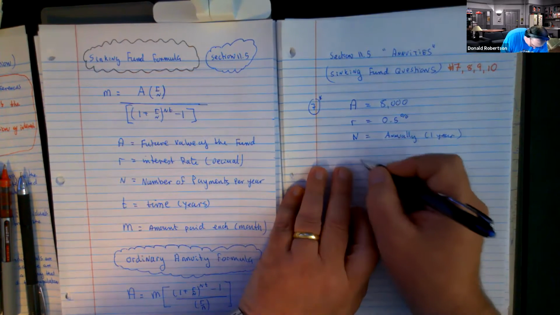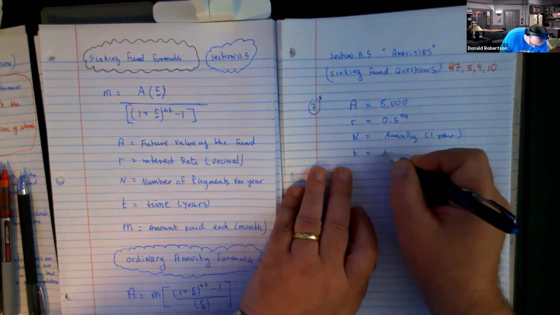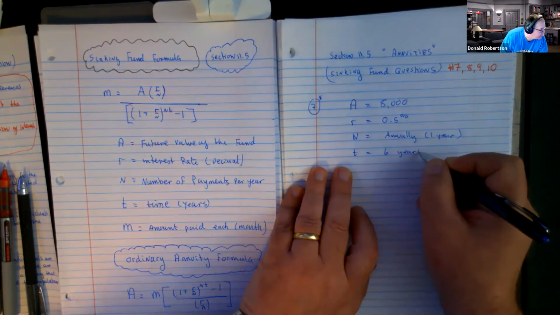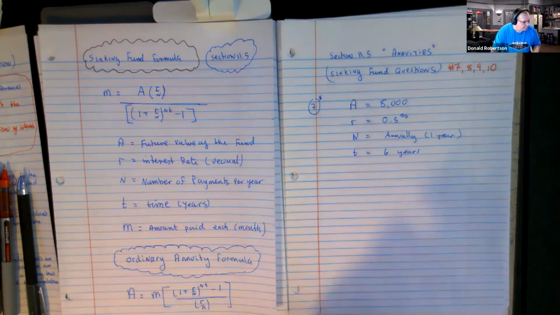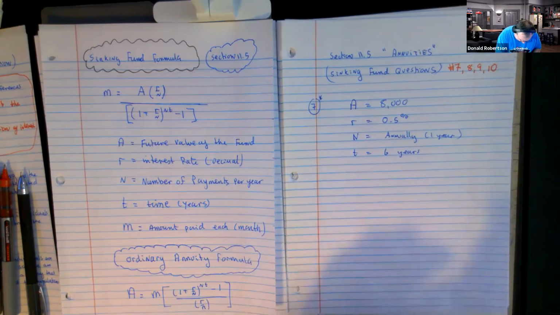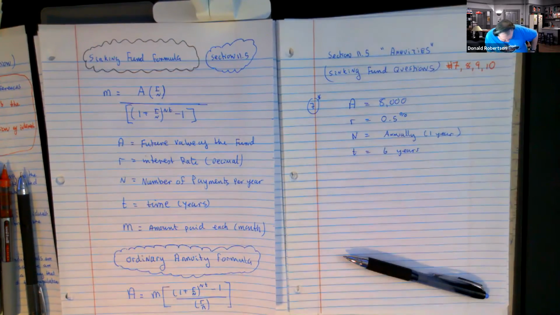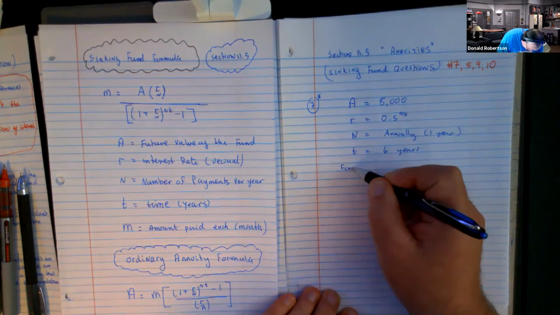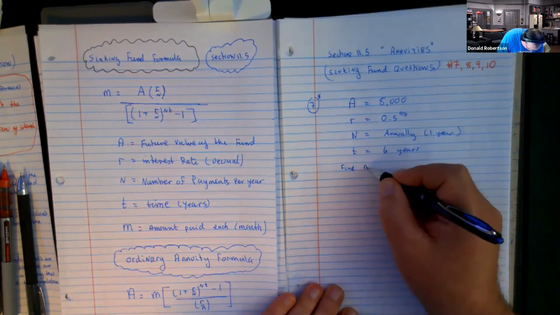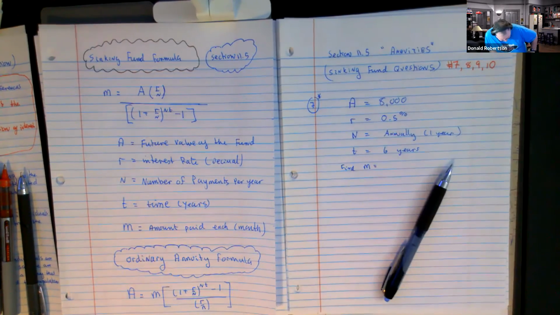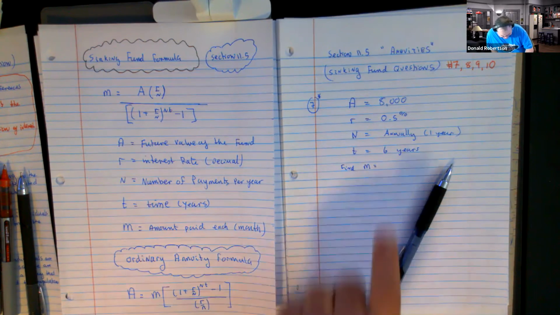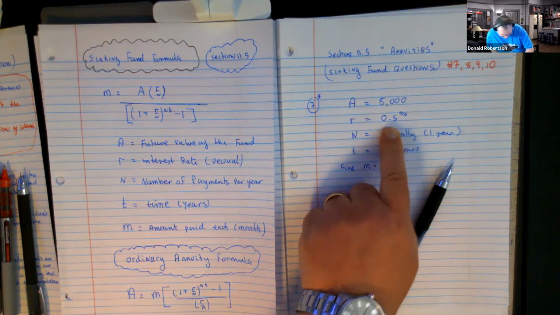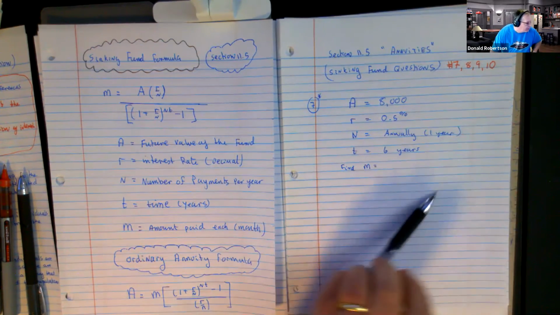The time is going to be 6 years. And we're going to figure out how much you put away, in other words find out what M is, so that you'll end up with $8,000 in 6 years. At 0.5% interest, yikes, that's ridiculous, and doing it annually. Okay.